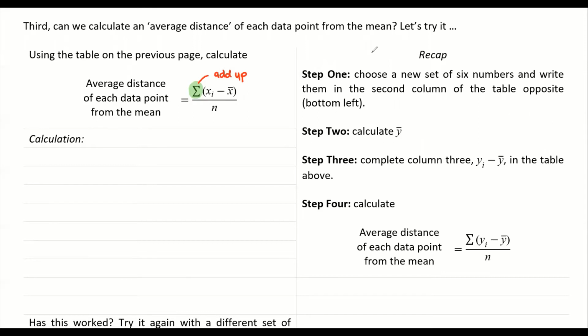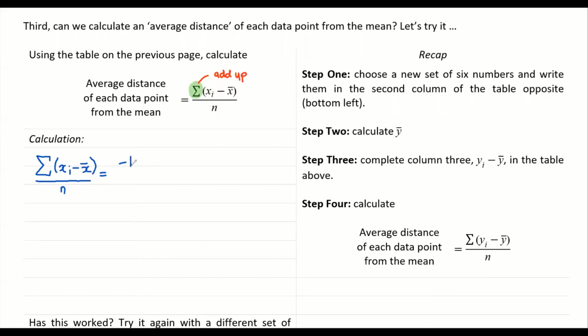So we'll do sigma, and then each xi subtract the mean x bar, and divide that by n. The first difference, x1 subtract x bar, was -1, wasn't it, from the table?